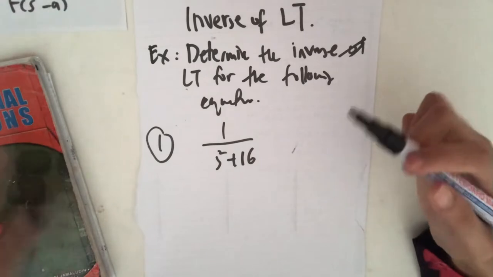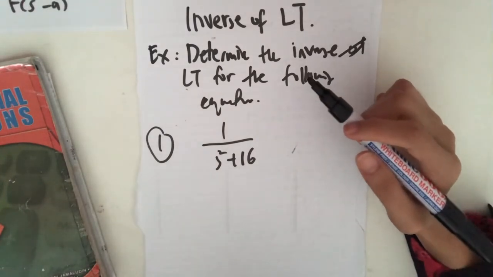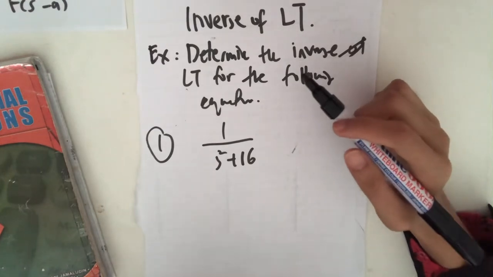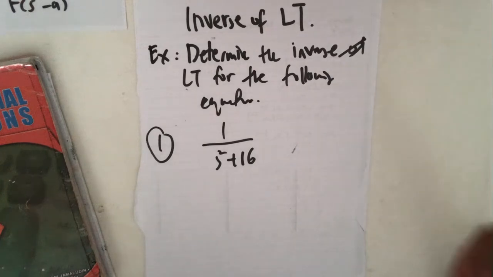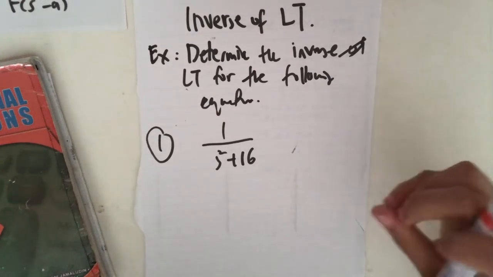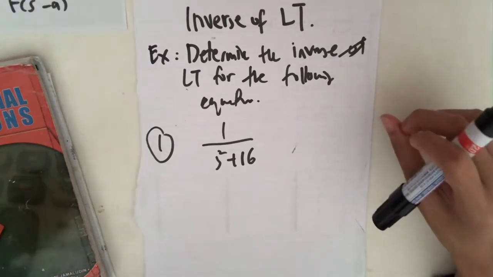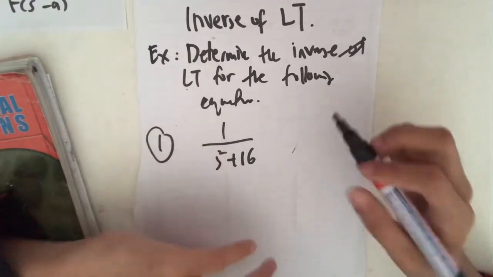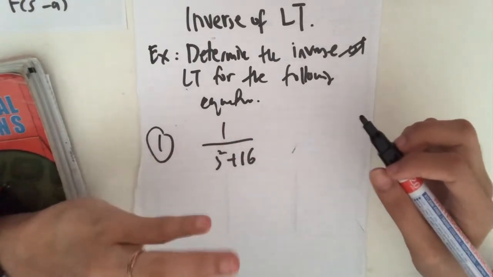You can see that for this question there is no s at the numerator, so definitely this is not cos. If there is no s, it is not cos. You cannot adjust for s, but if s is not there, you can adjust any number there. So definitely this is a sine.